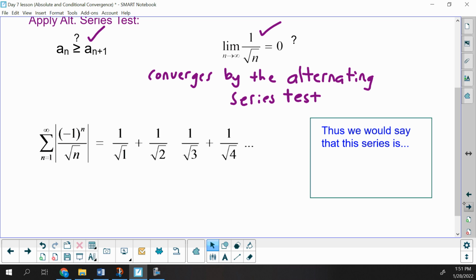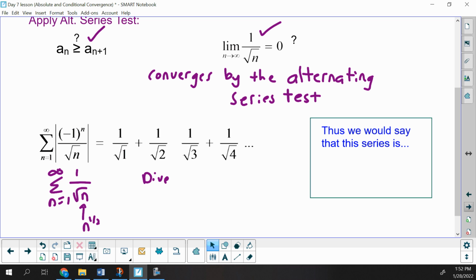So let's look at the absolute value of this. So this is really the series n equals 1 to infinity of 1 over square root of n. Well, square root of n is really n to the 1/2. So we want to recognize that as a p-series. Our p-value is greater than 0, but less than or equal to 1, so that would lead us to know it diverges.